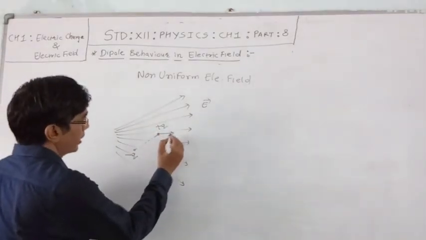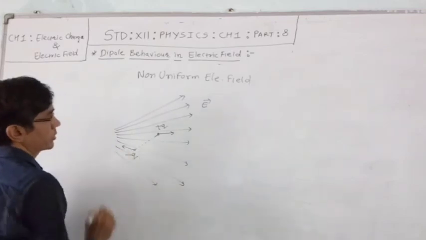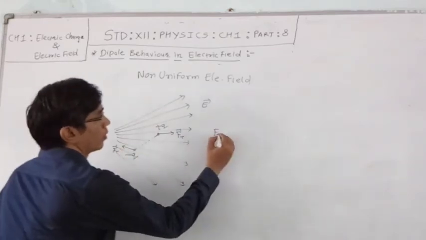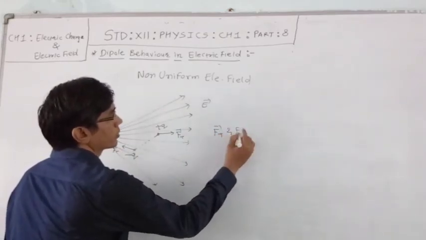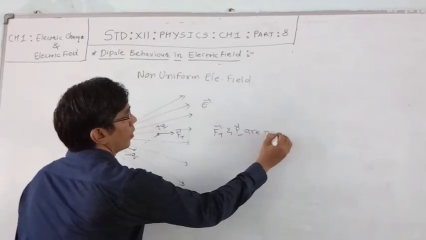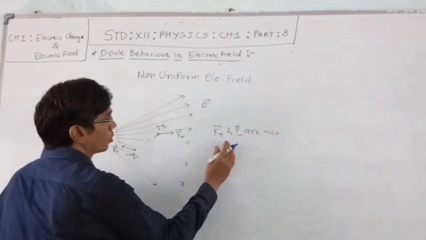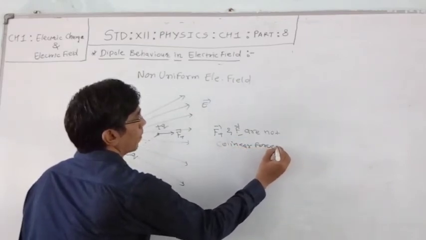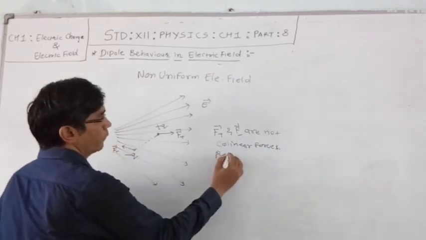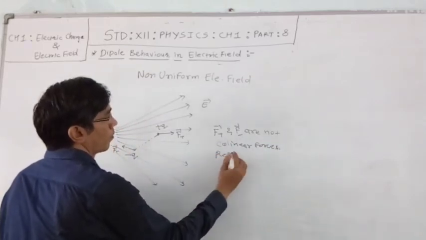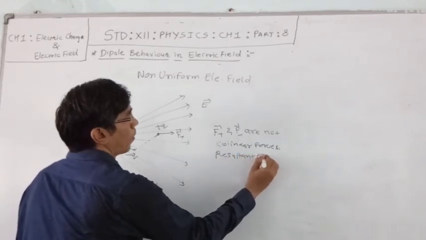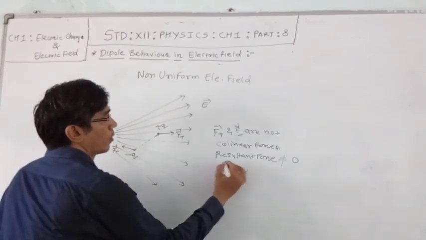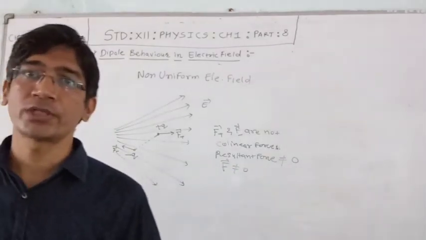Plus q, it is in this direction, minus q, it is in this direction. So these forces F plus and F minus are not equal, and the resultant force is not zero.